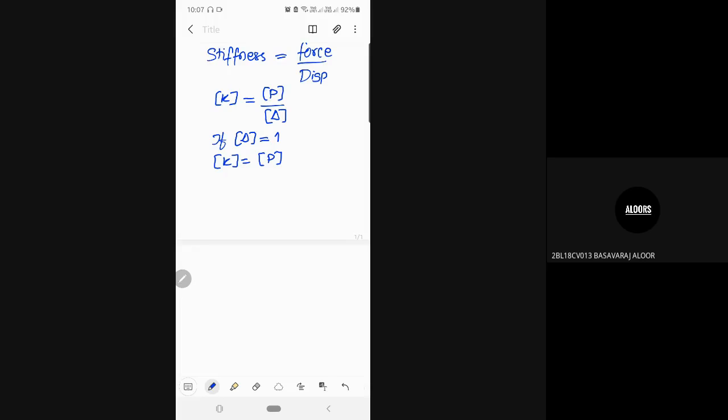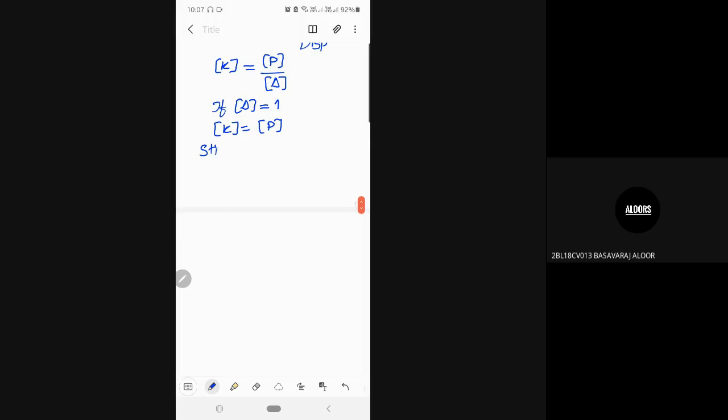Stiffness is defined as the force required to produce unit displacement, because your delta is 1. When delta is 1, then only K is equal to P. If not, K is equal to P by delta.